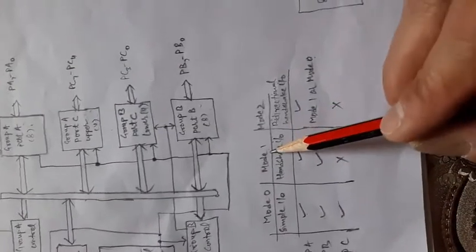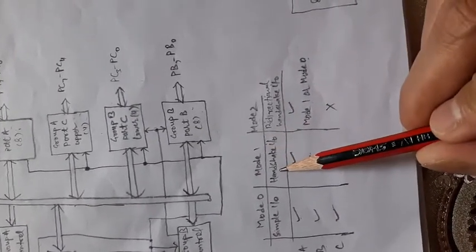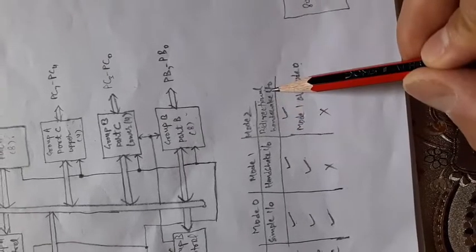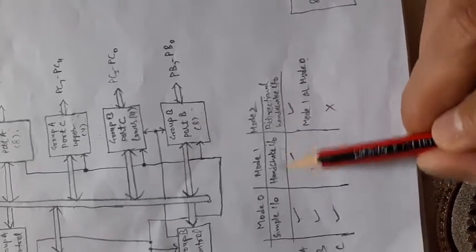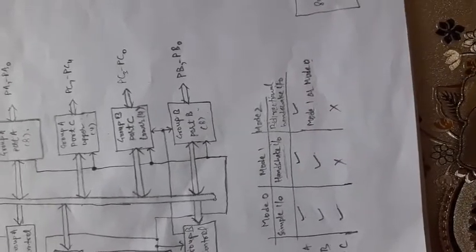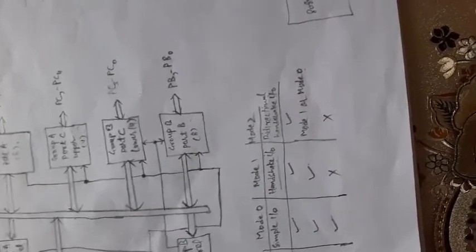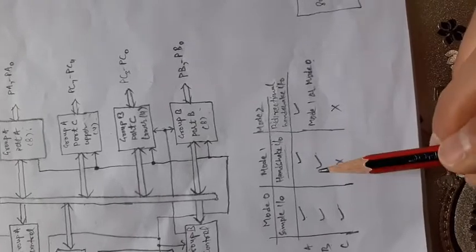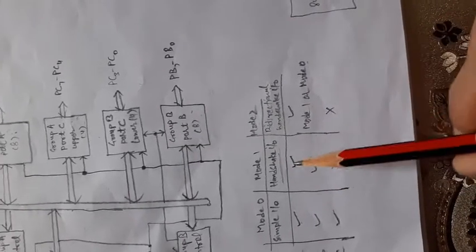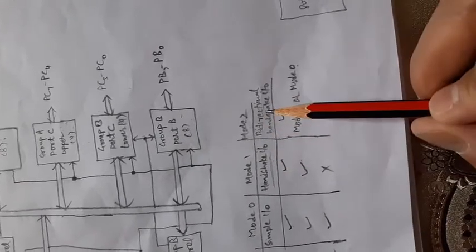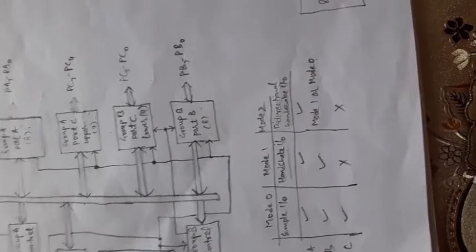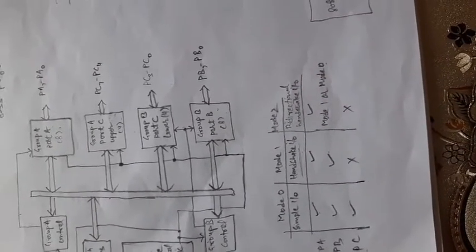For mode 1, as it is also named handshake IO, or bidirectional handshake IO, some bits are required for handshaking purposes. What handshaking is, I will tell you when I make a lecture on handshaking. For this purpose, in both these modes, 4 lines are needed for a particular handshaking.